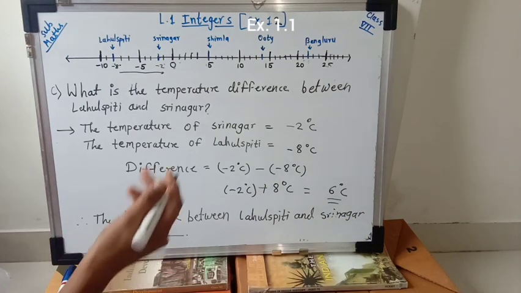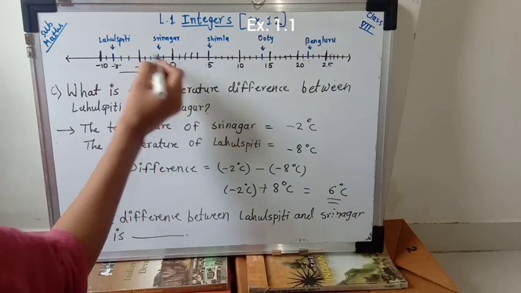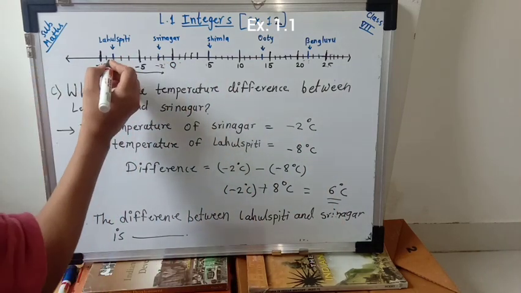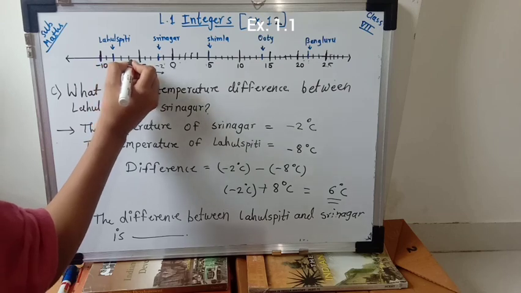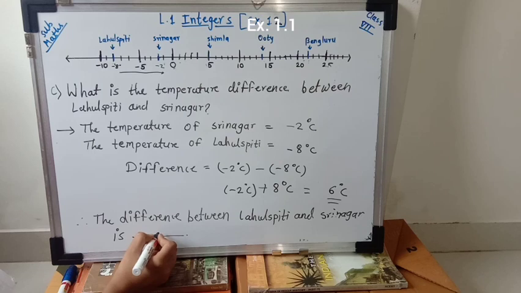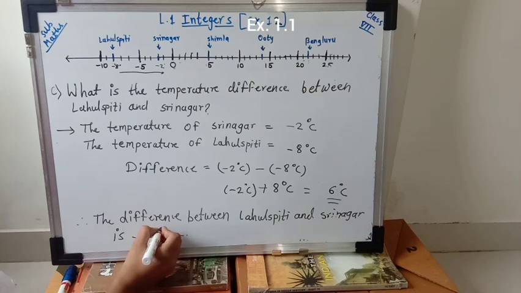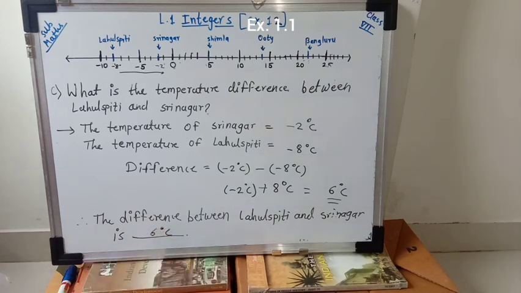Let's find out exactly whether this is the difference of these two places. Let's count from Lahul Spiti, 1 2 3 4 5 6. So our difference is 6 degrees Celsius, and therefore the difference between Lahul Spiti and Srinagar is 6 degree Celsius. Now let's solve the question D.